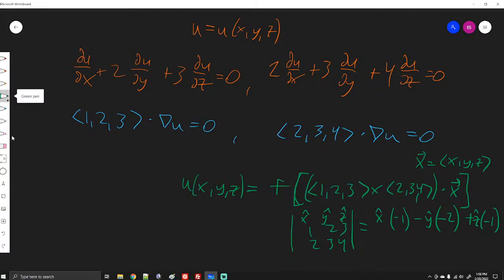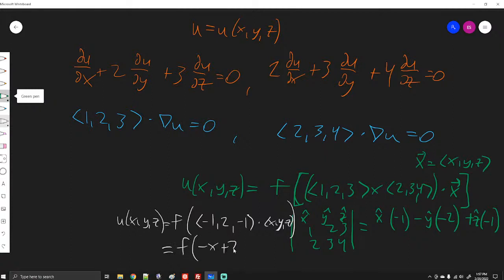Alright, so I can say now that u of x, y, z equals an arbitrary function of negative 1, comma 2, comma negative 1, dotted into x, y, z. And this is equal to f of negative x plus 2y minus z. So this here is the general solution that satisfies both of these PDEs here.